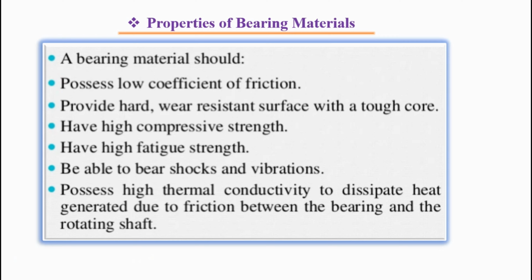And its core, meaning the internal structure of the material, should be tough. Why should it be tough? Because it should sustain all the wear and tear which happens while transferring rotary motion between two surfaces. Then it should have high compressive strength.